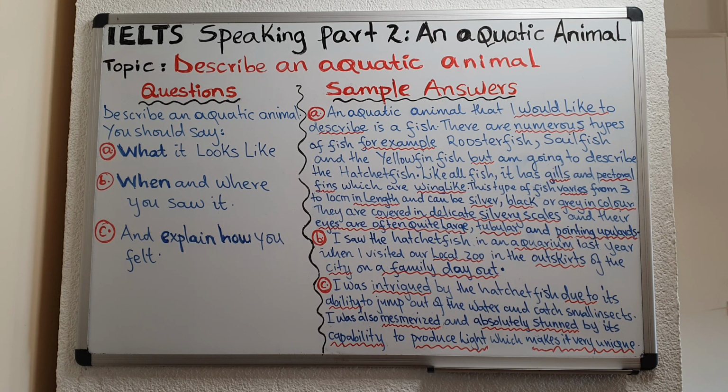Was and mesmerized are also in the past tense. I was absolutely stunned. The verb stunned is in the past tense. Okay? So look at the tense that is in the question, and that should be a clue as to what sort of tense you should use to give your answers. And most of the times we use the present and the past tense anyway.